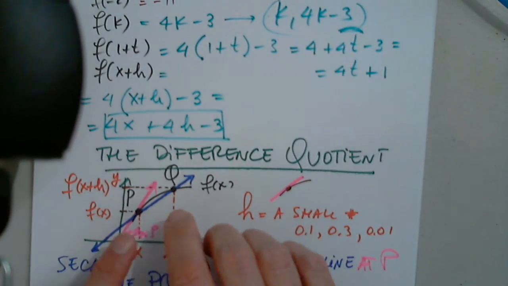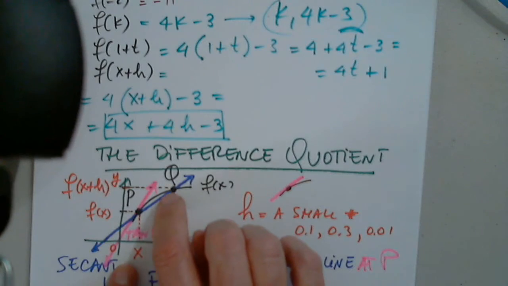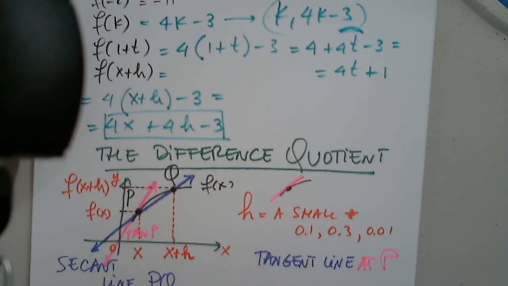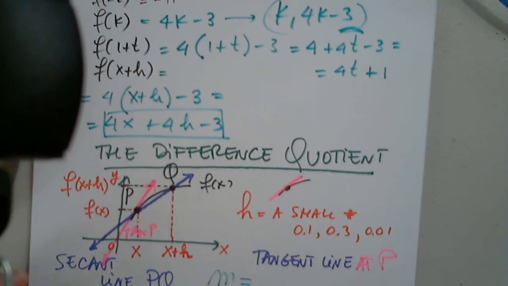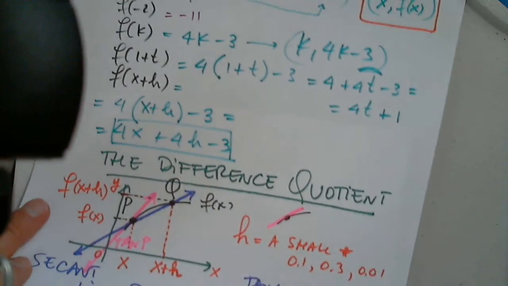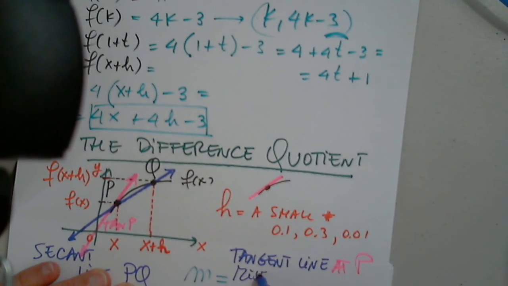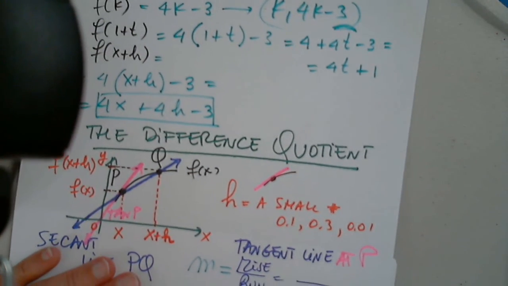The secant line is the line that passes through these 2 points. Anyone remembers how to determine the slope of this line? Any line passing through 2 points? Is it rise over run? Excellent. Who said that? Kirsten. Thank you.